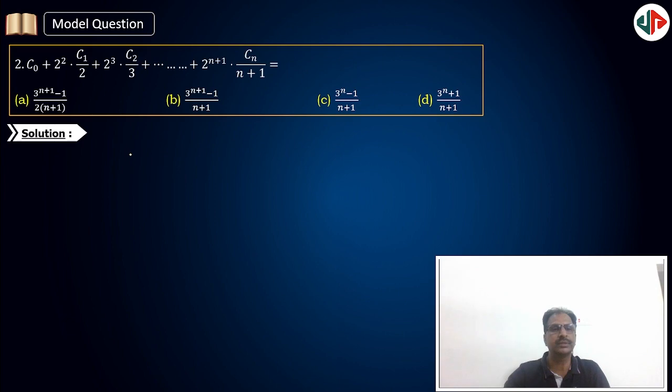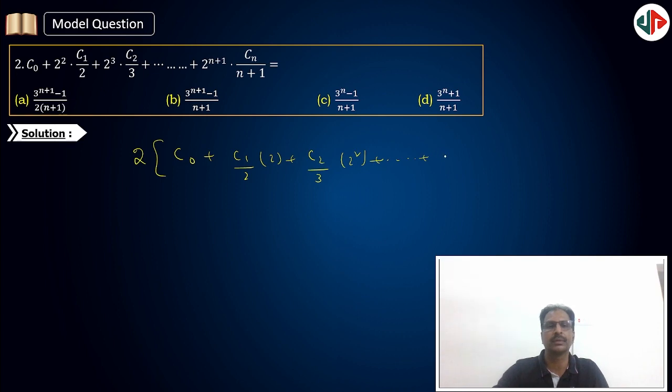Next, 2 into C0 plus 2² into C1 by 2, 2³ into. I am taking 2 common. Then I get C0 plus C1 by 2 into 2, C2 by 3 into 2², plus so on, Cn by (n+1) into 2^n. I took 2 common.